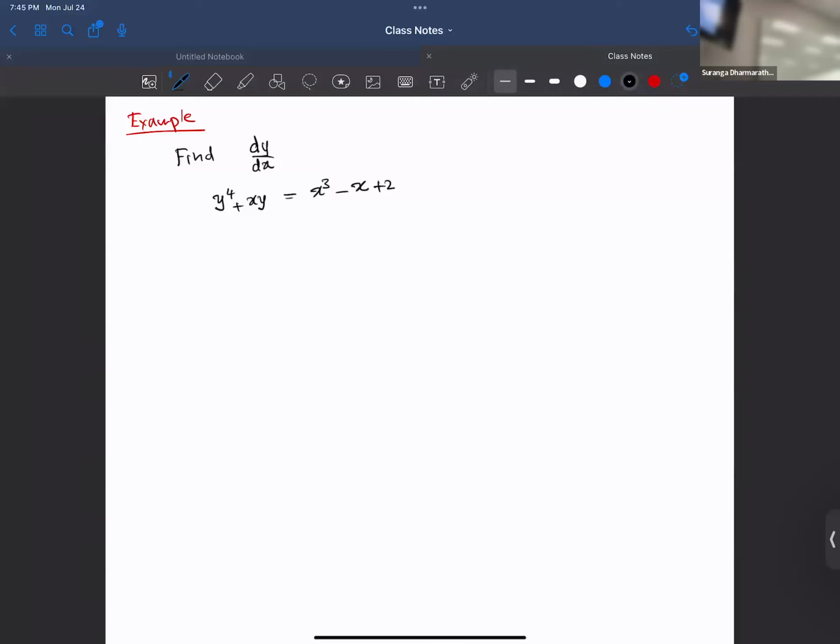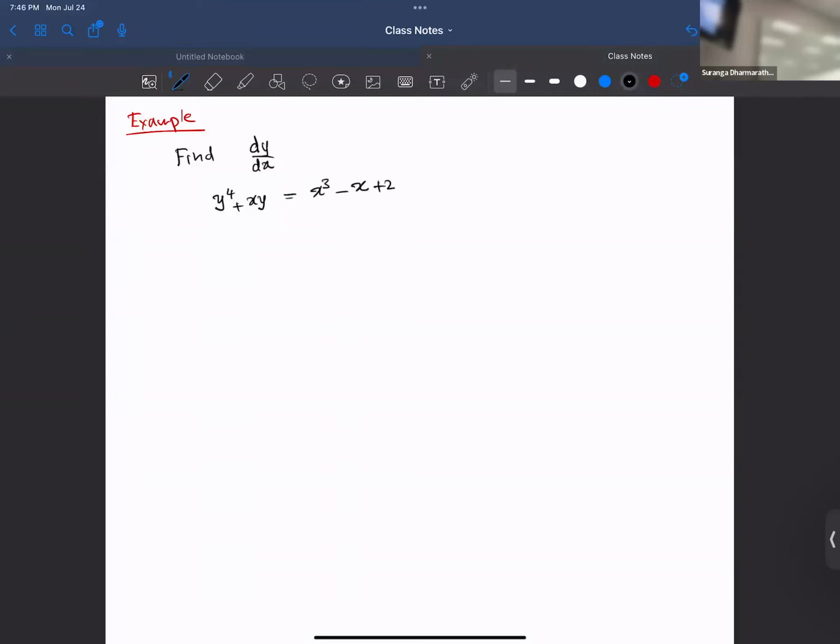Now what? So you were here combined, right? So what do you need to do then? What did I do previously? Chain rule. So if you use the chain rule, what do you get? You put d over dy of y times dy over dx, right?